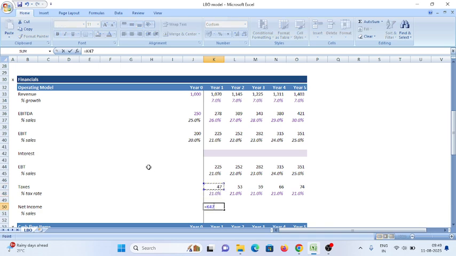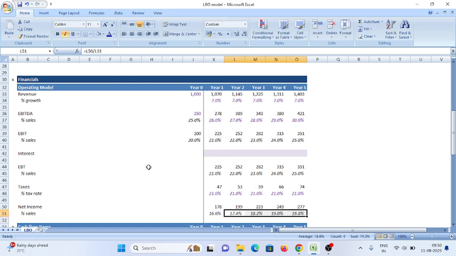Then calculate net income. That's EBT minus your tax. Then net margin is nothing but your net income divided by revenue.